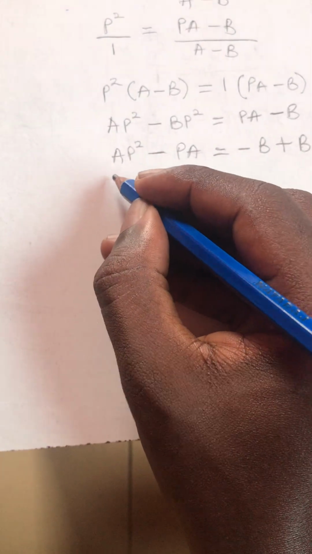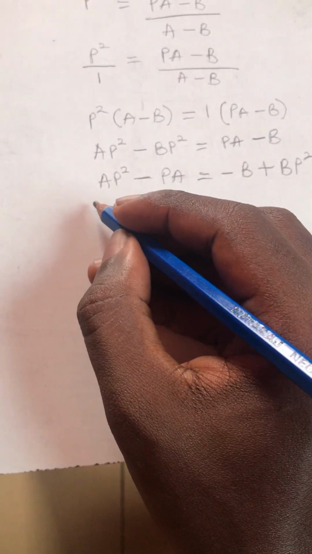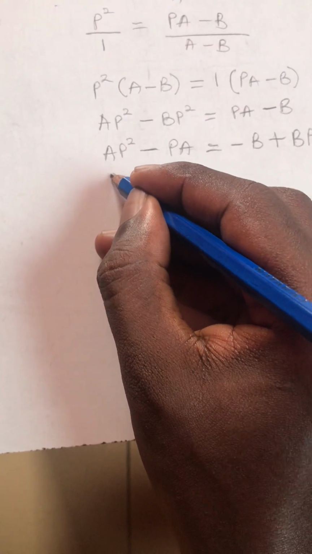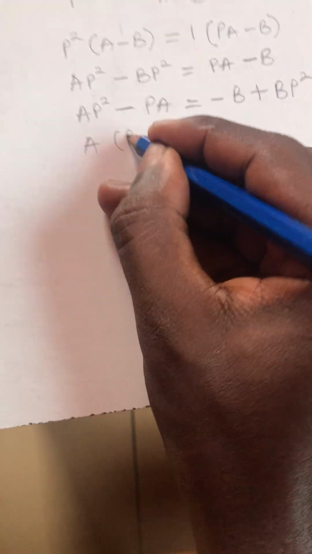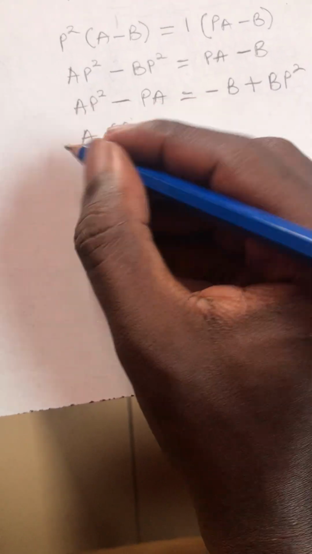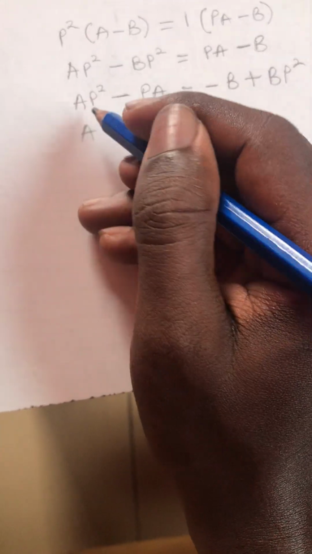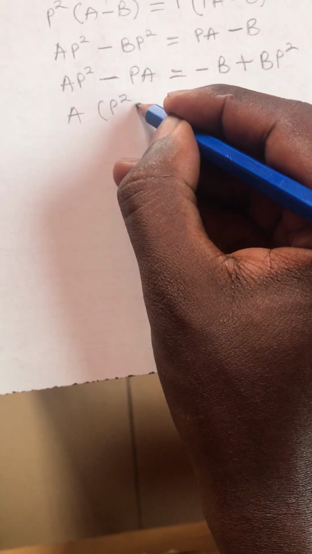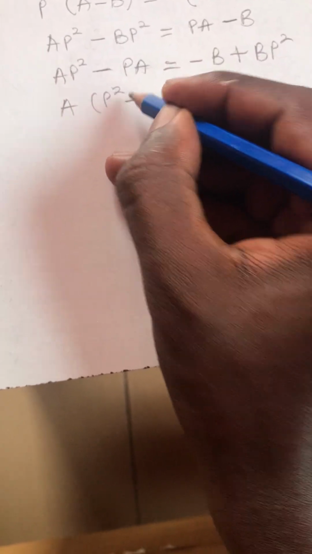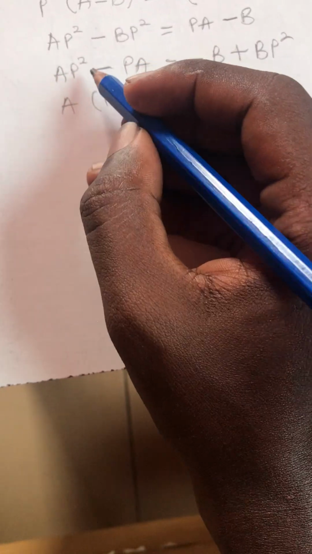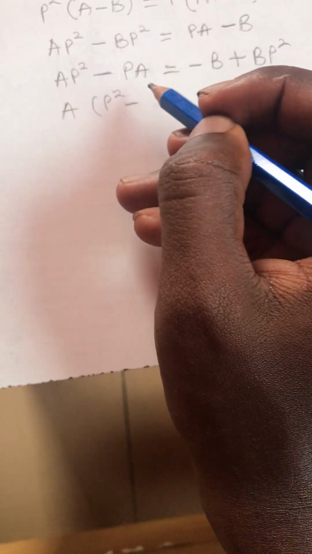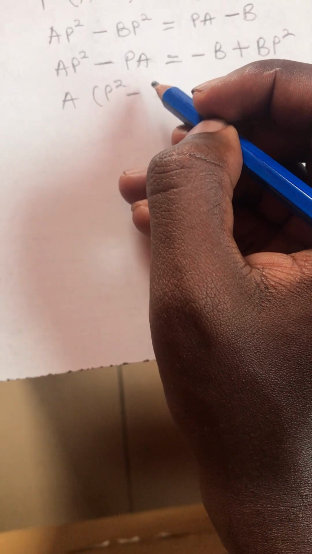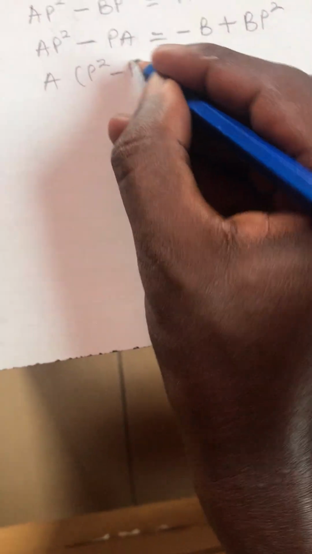So A is our focus, so we have to factor A out. A here multiplying, which number can multiply A for us to get AP squared? It is P squared. Which number can multiply positive A for us to get PA? It's negative P, right?